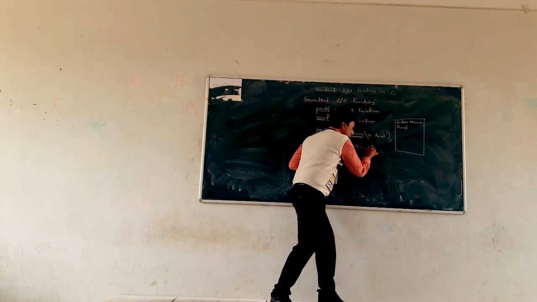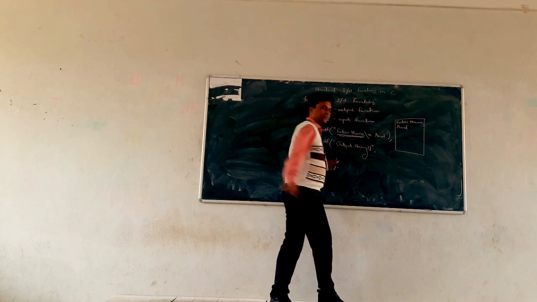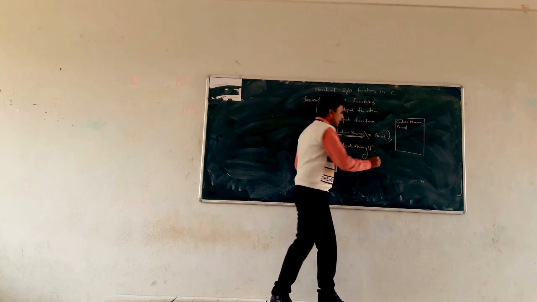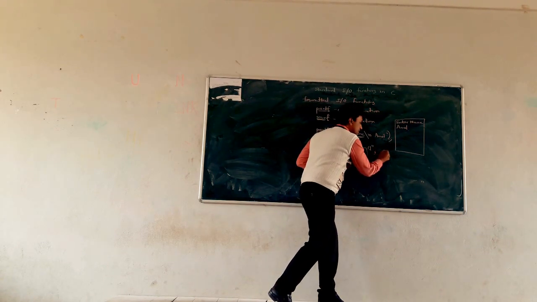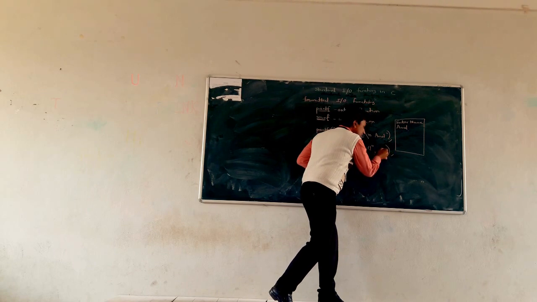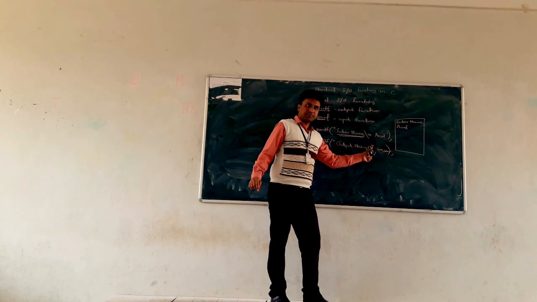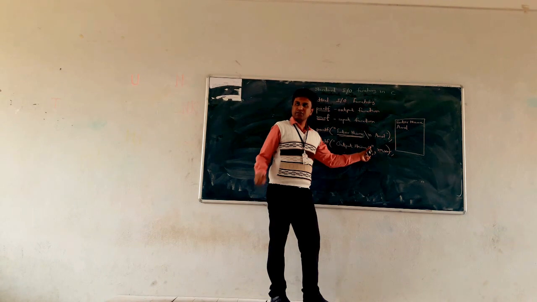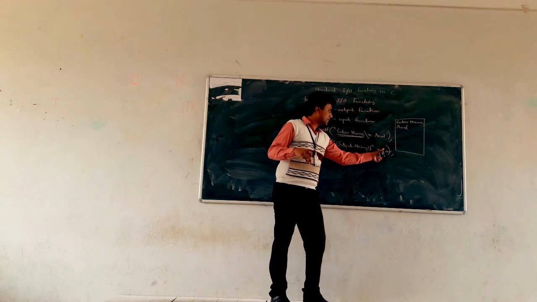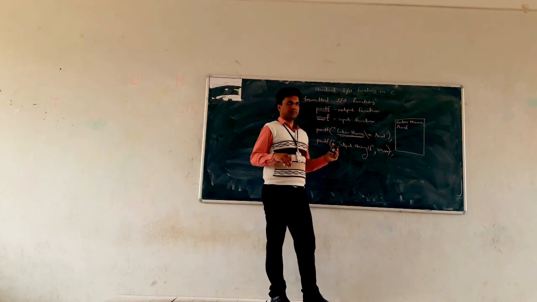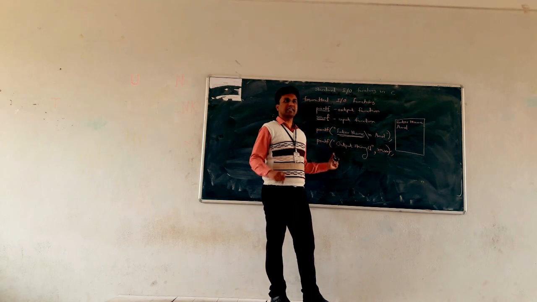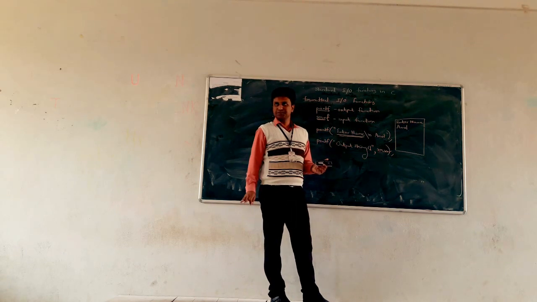So whatever the formatting type, suppose the formatting type is %d, double quotes complete, and next you can write the name of the variable. So output string with formatting type, whatever data is required from the user, and then the name of the variable. These are the two different syntaxes for the printf function.